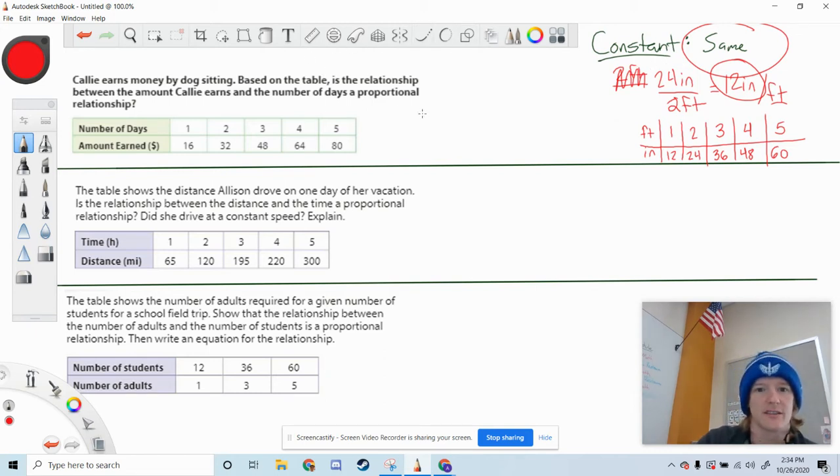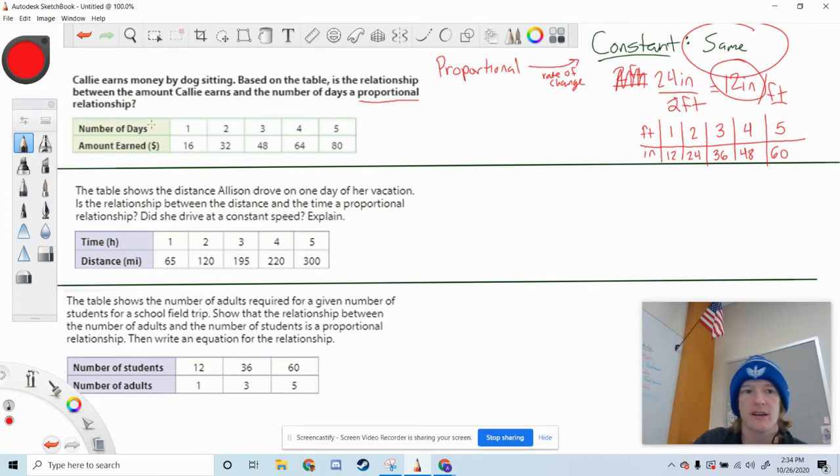If it is constant, then it's proportional. That's a nice big word, proportional. Proportional means the rate of change is constant. The ratio between feet and inches is proportional.